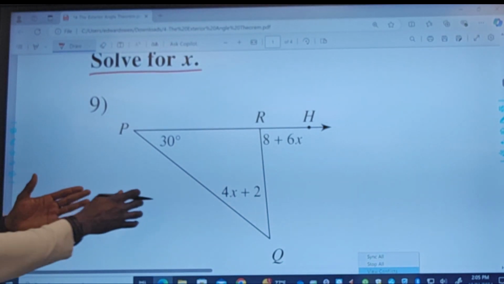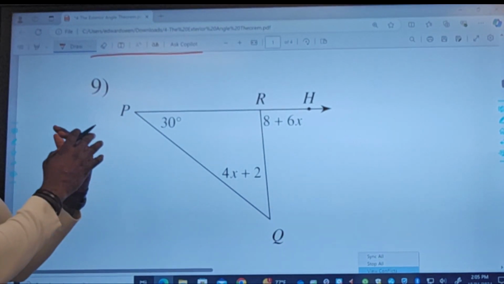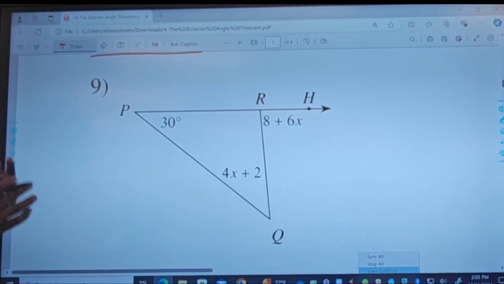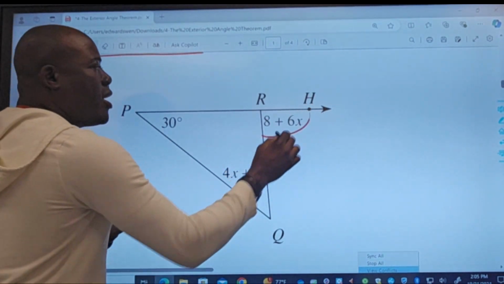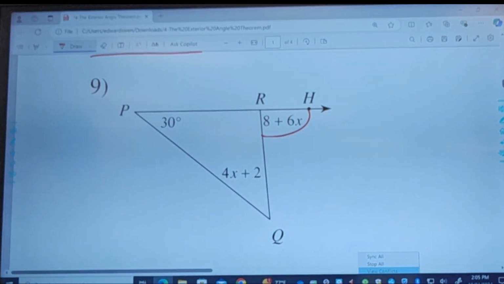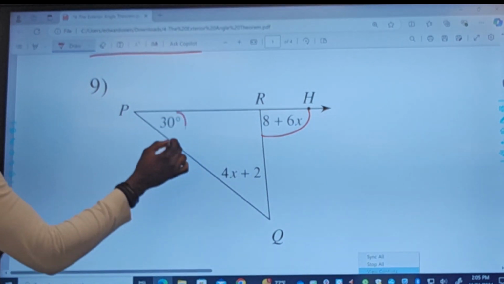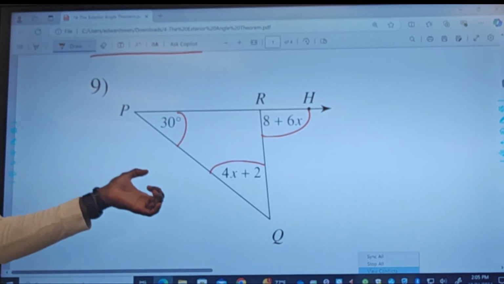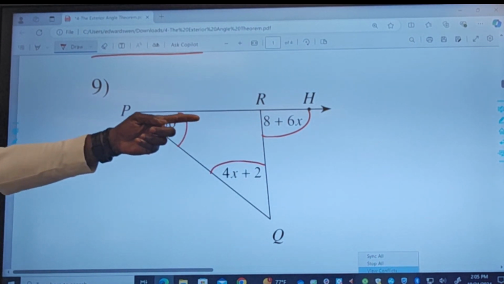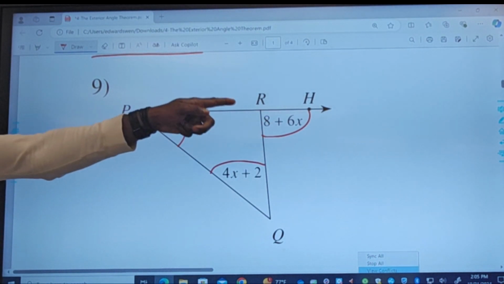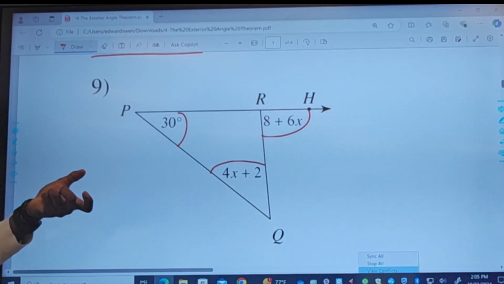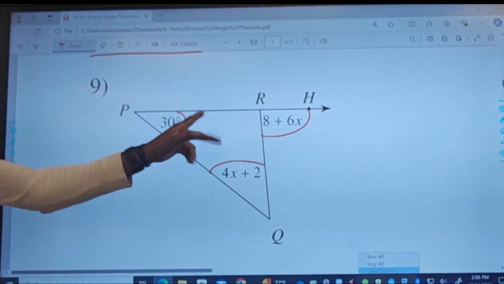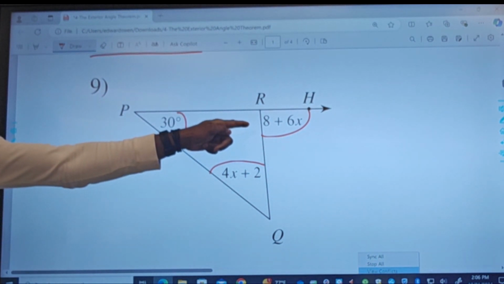So what do we have here? We have an exterior angle. Agree? And we have two other angles. What name is given to these two angles based on what we're doing? They are remote what? Interior. Remote because they are further from the exterior.